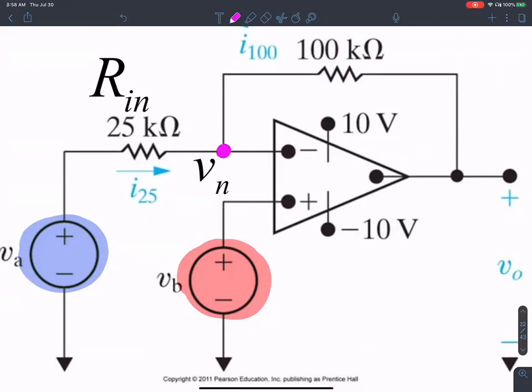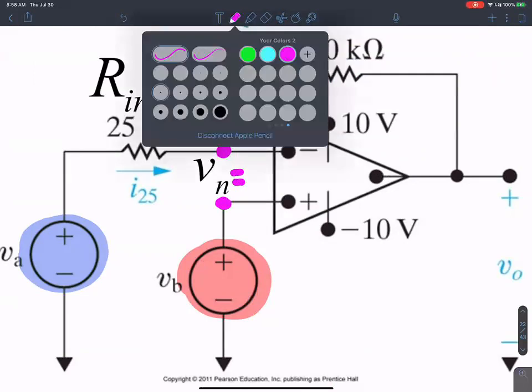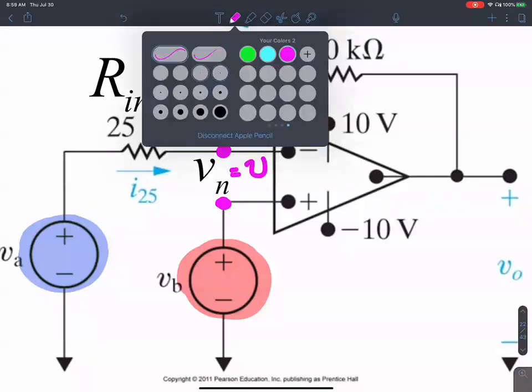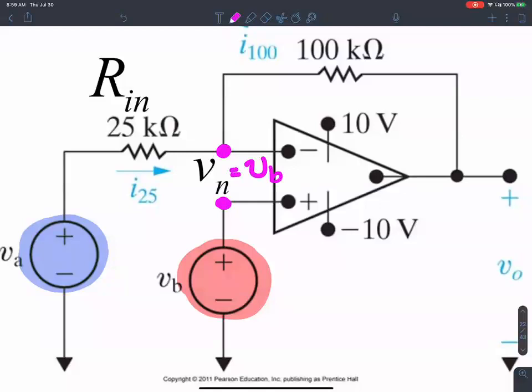Okay, Vn should really be Vp, which is this voltage. So that exactly should equal Vb. Okay, Vn should equal Vb because this Vp is Vb.